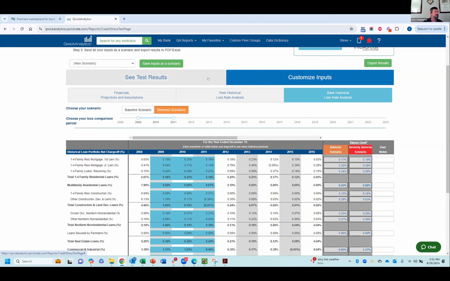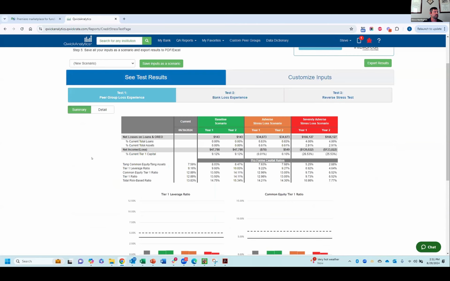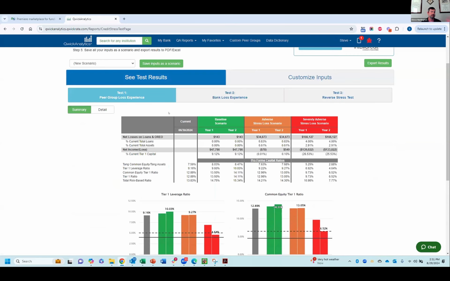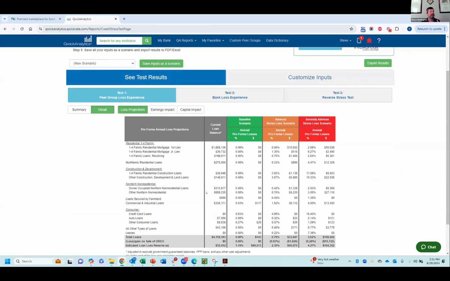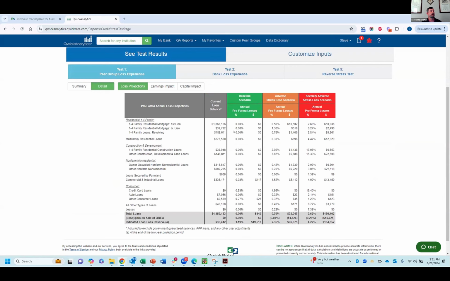Those are our inputs. If I go to the test results, again, anytime I change an input, I can toggle back over to the results and everything will recalculate immediately. But if you remember, there's 3 steps. We have those loss rates. We're going to apply your peers' loss rates during a healthy environment, during an unhealthy environment, and a worst case scenario environment to your current loan portfolio.